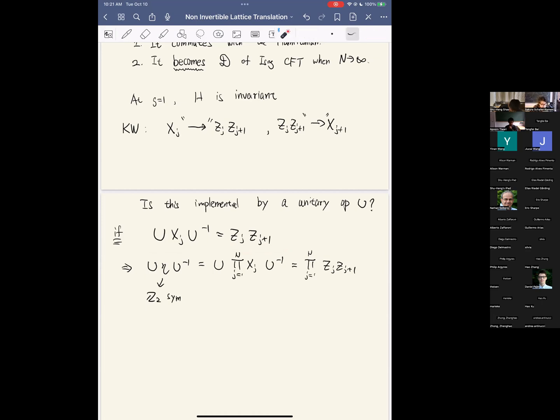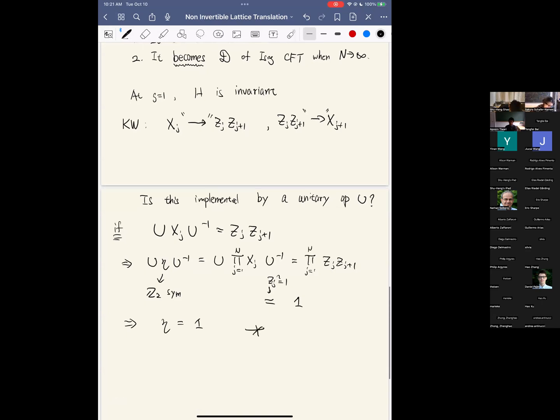But then every single Z_j on a periodic chain appears twice. Therefore, using the fact that Z_j squared is 1, you get 1. But that means eta is 1, which is clearly a contradiction. The Z2 operator acts non-trivially on our Hilbert space. So this very simple-minded argument immediately tells you that the Kramers-Wannier transformation cannot possibly be implemented by a unitary operator.